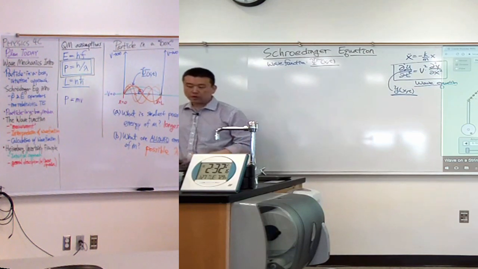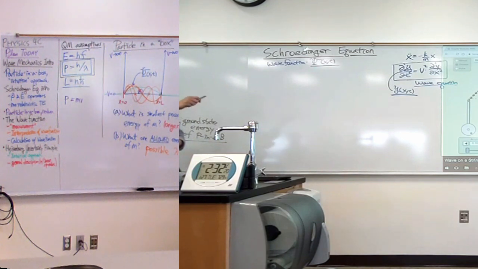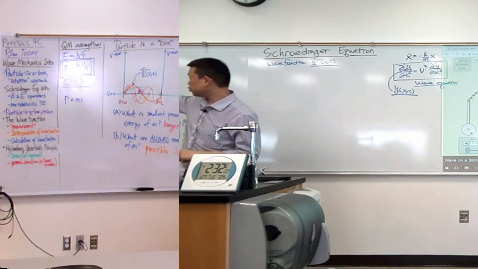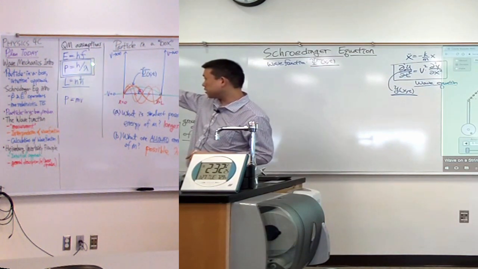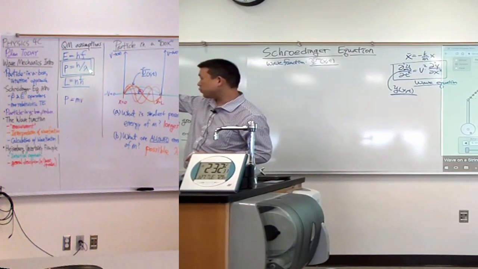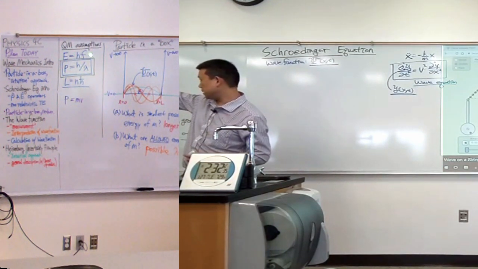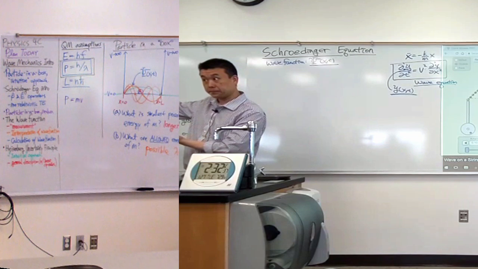So you have only two guides in measuring the properties of this wave function, two of these quantum mechanical assumptions. That when you measure its momentum, it should be related to its wavelength. When you measure its energy, it should be related to its frequency.